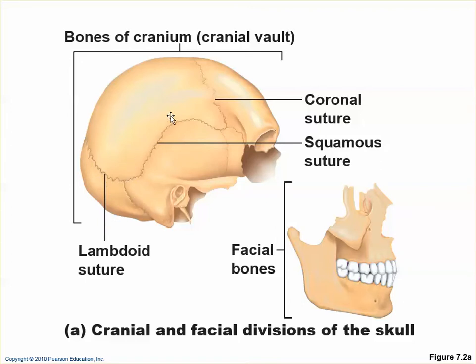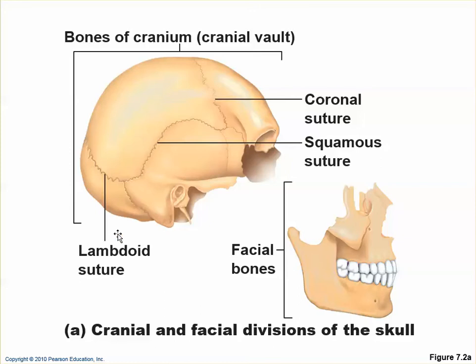The one that joins the parietal bones to the temporal bone here is the squamous suture. The one that joins the parietal bones to the frontal bone, running across the top of your head, is the coronal suture. And the two parietal bones join together at the sagittal suture, which is right along here, that runs in a sagittal plane.